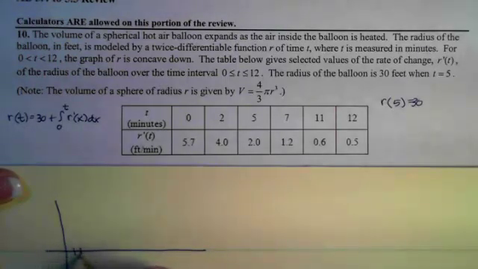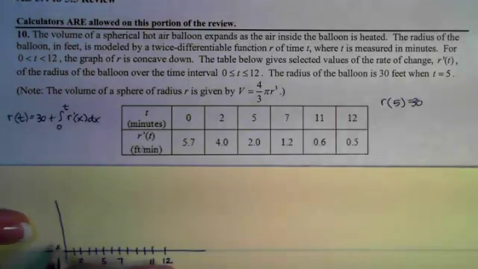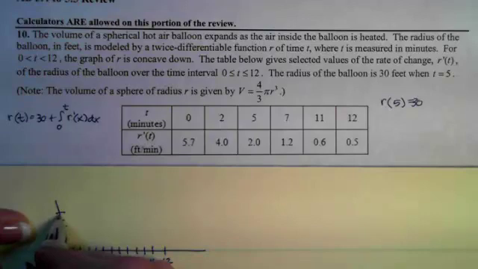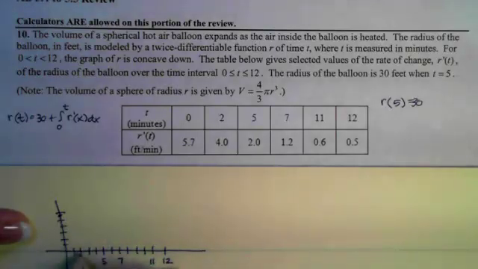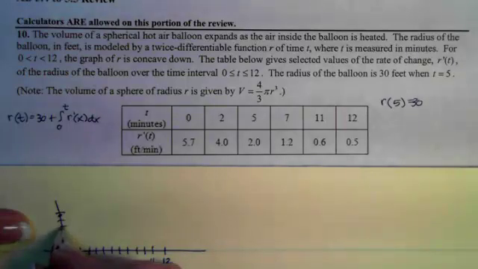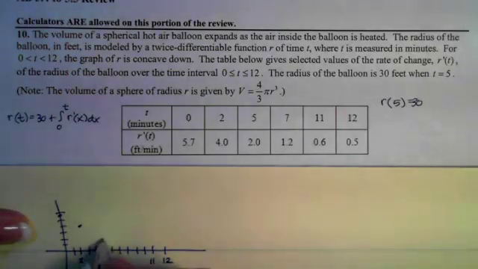We have a 2, a 5, a 7, 8, 9, 10, 11, and a 12. At 0 I've got a 5.7, which will be about here. At 2 I've got a 4. At 5 I'm at 2.